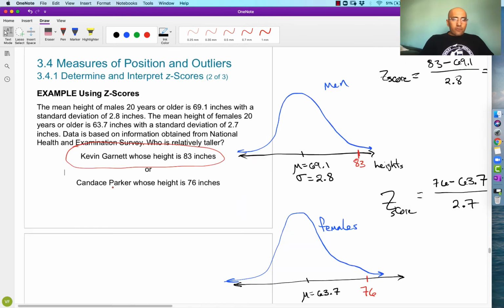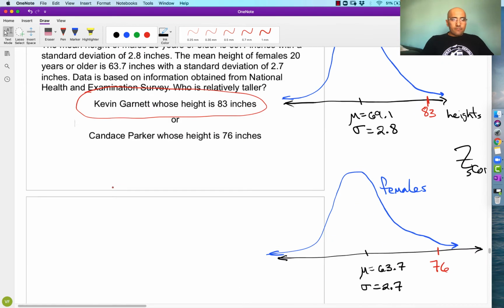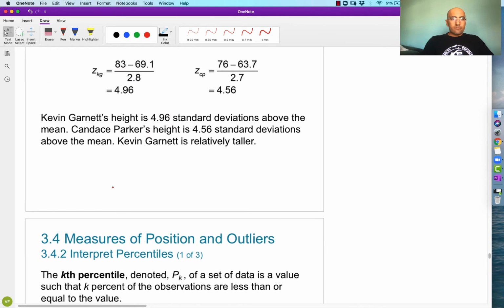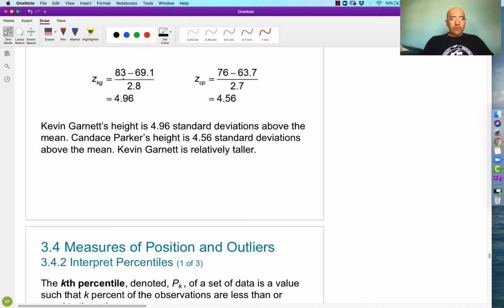Okay, let's see how the author organized this. Okay, so same thing we did. It's our height minus the mean divided by the standard deviation. We get this. The height of Parker minus the mean divided by its standard deviation. We get this score.